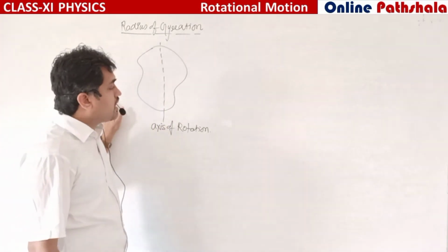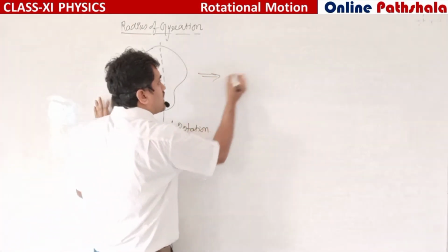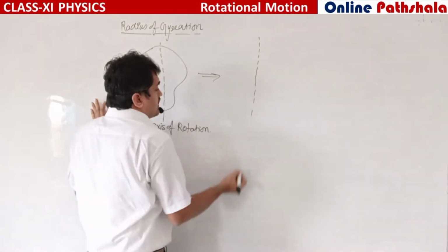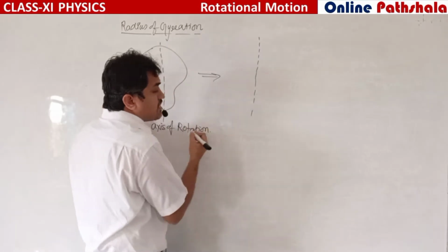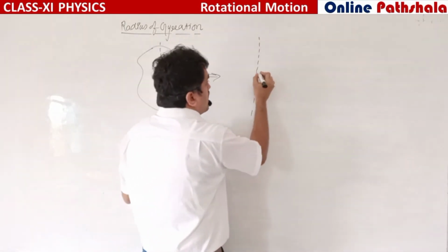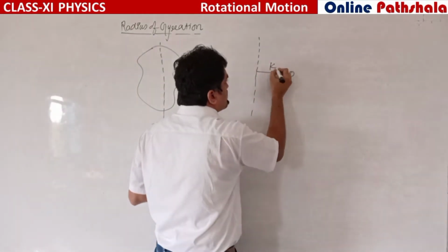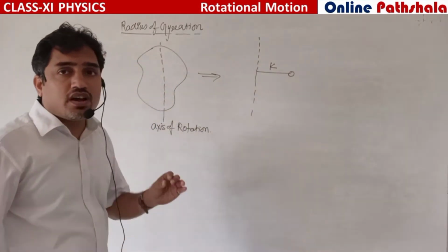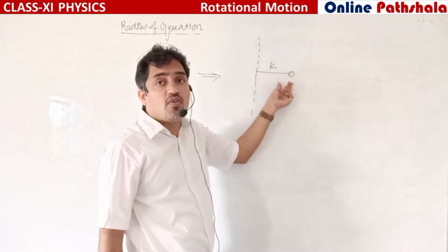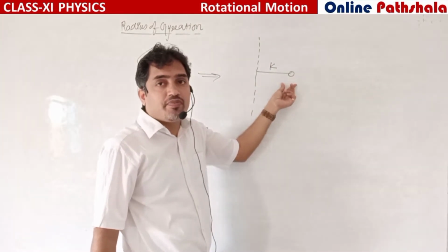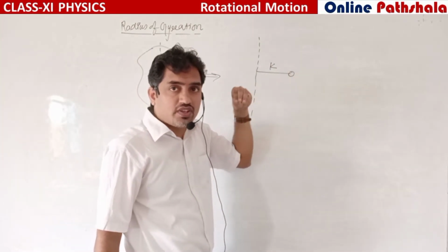Now, about this same axis of rotation, where should a point mass we have to place so that it will give the same moment of inertia?